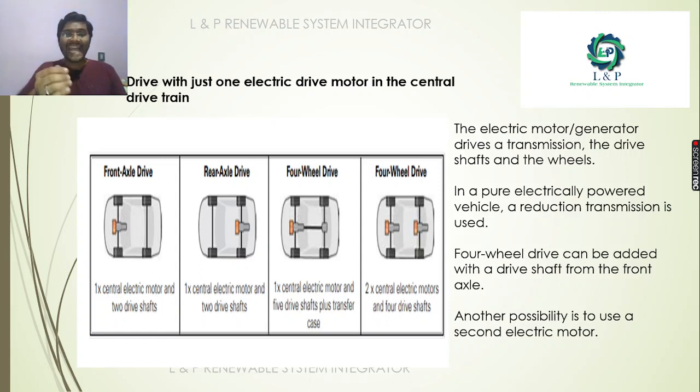Whereas the rear axle drive, from the word itself we can easily identify that it will be present on the back side, that is the rear side of the wheels. This is the same concept as the front axle: one central electric motor and two drive shafts. The third type is the four-wheel drive. How will it be designed? Very simple.